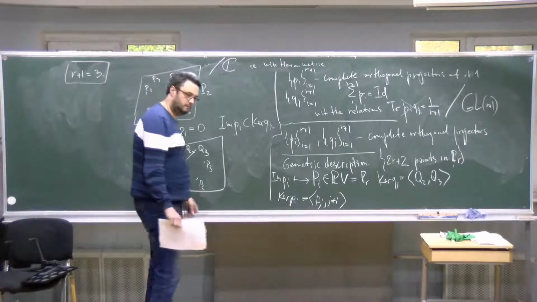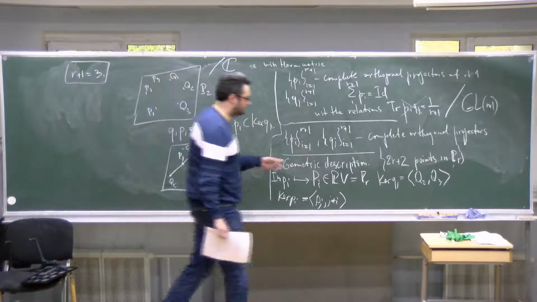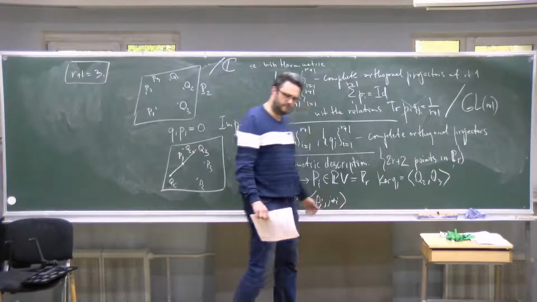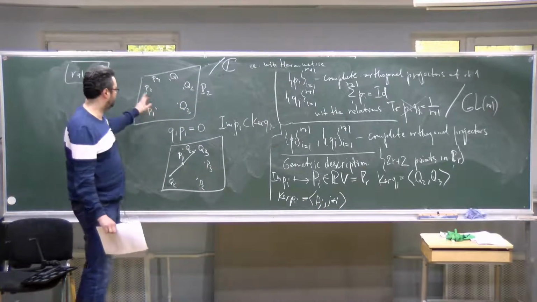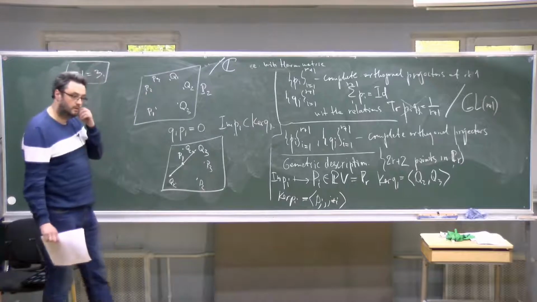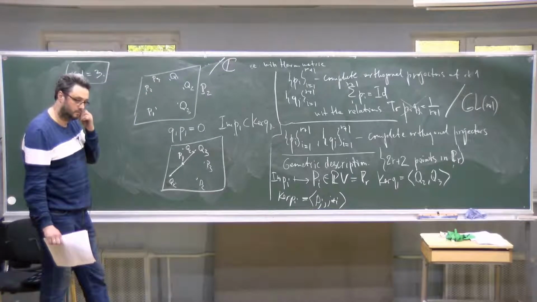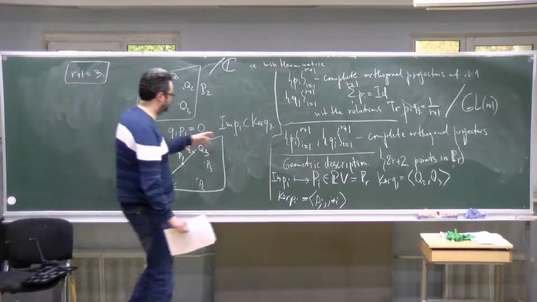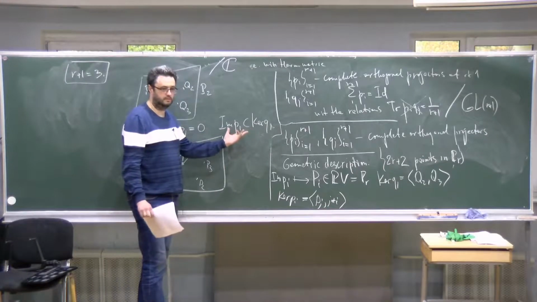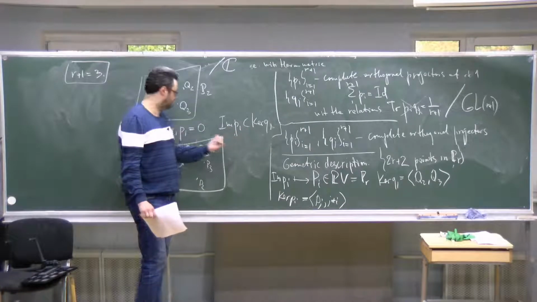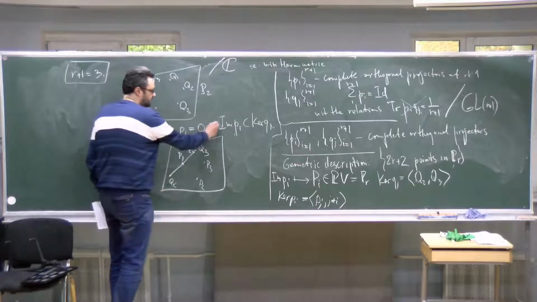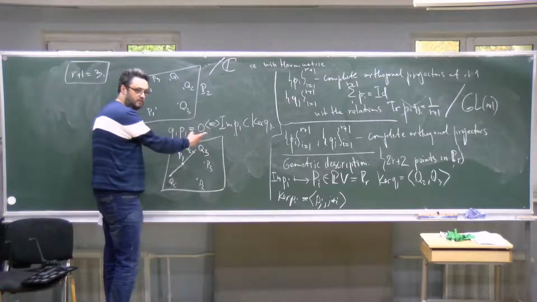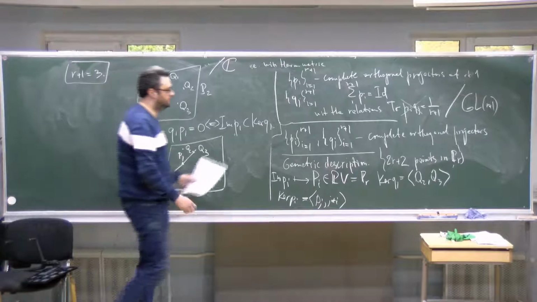I don't see this. There is only one assumption. P1, P2 and P3 constitute a basis. And there is no reason why you assume that P1 belongs to this line. This condition is clear, but this condition is not clear. Q1 P1 is 0 means the trace is equal to 0. Is it true? And the trace is equal to 0.